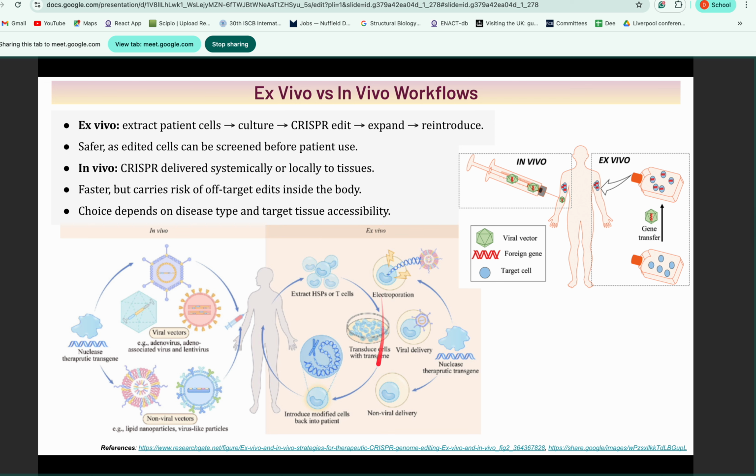So in this system, we already know that we have treated it. But in the in vivo system, there are chances that off-target site binding might take place, so we are not sure. These are some of the trade-offs between both approaches. It depends on the condition, and we decide whether to choose in vivo or ex vivo.